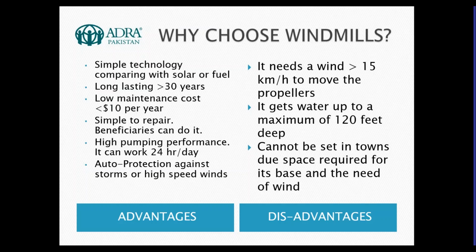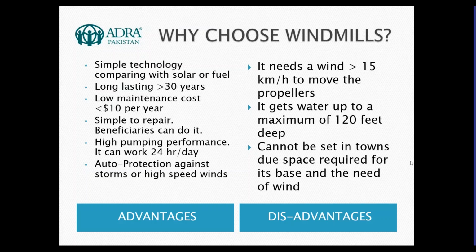Okay. And then you can see the advantages and disadvantages of using a windmill. The advantage is that it's a very simple technology compared to the solar system or fuel system, where you can spend a lot of money on maintenance. It's long lasting.